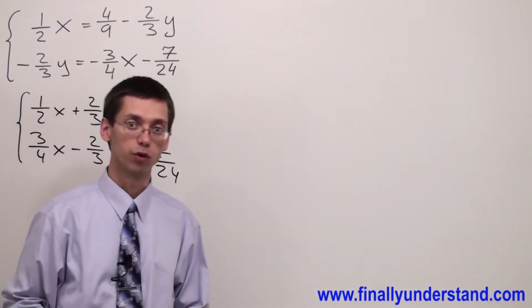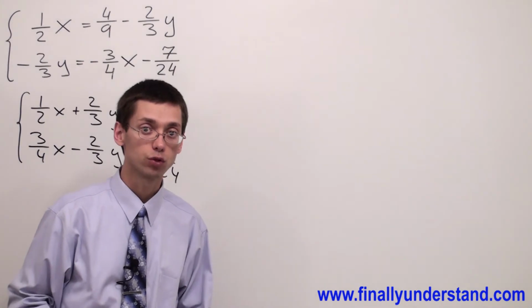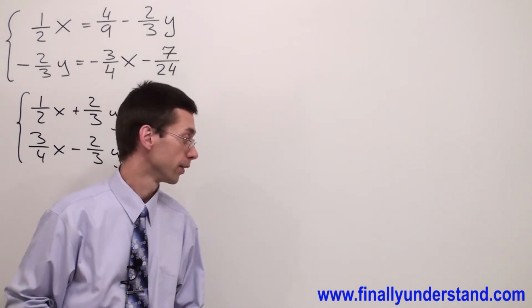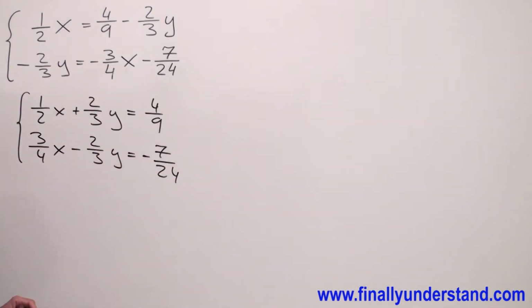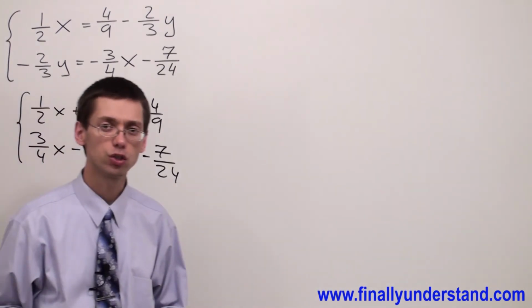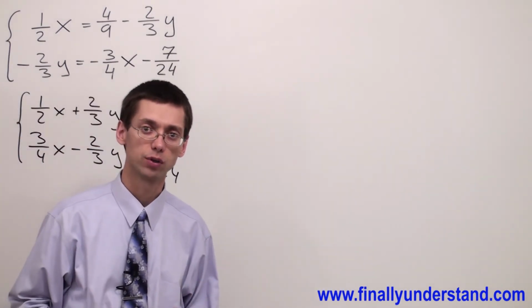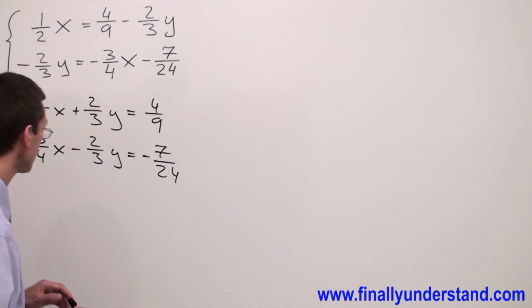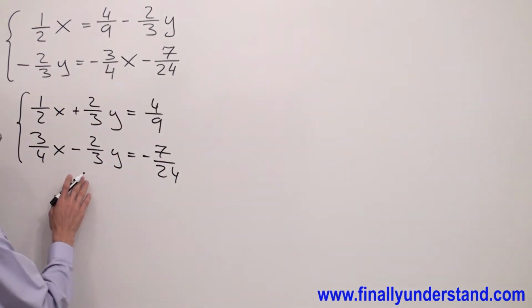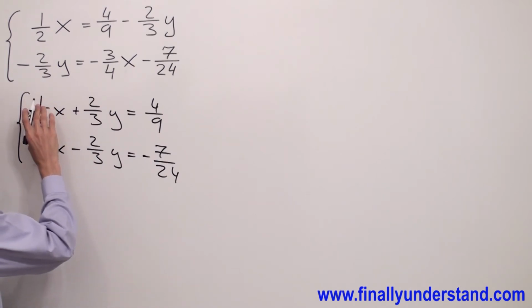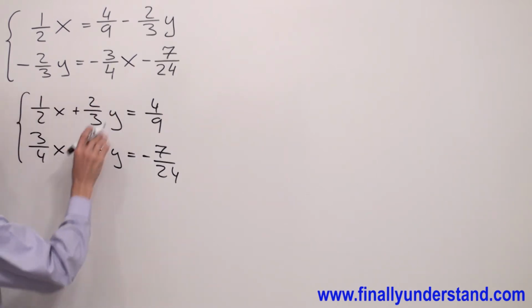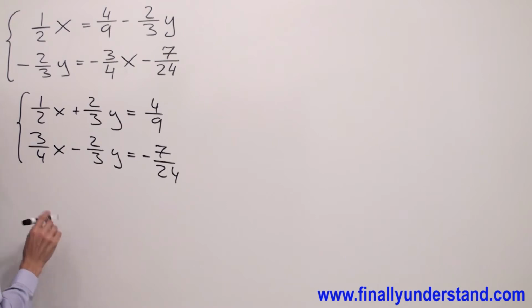We organized both equations. Next, we're supposed to eliminate fractions. Why are we supposed to eliminate fractions? Because it's much easier to work with whole numbers than fractions. That's why I prefer to eliminate fractions. In order to eliminate fractions from the first equation, we multiply both sides of the equation by the common denominator.